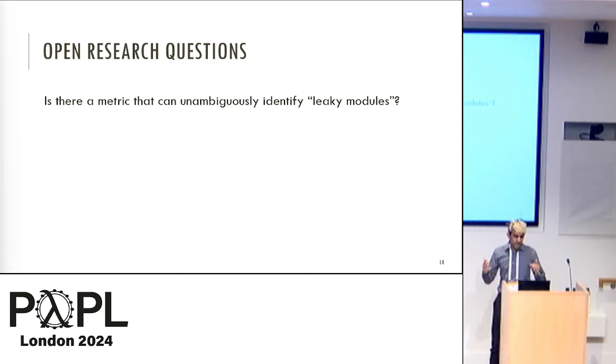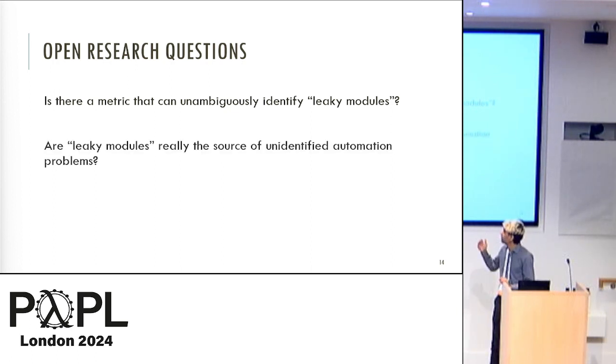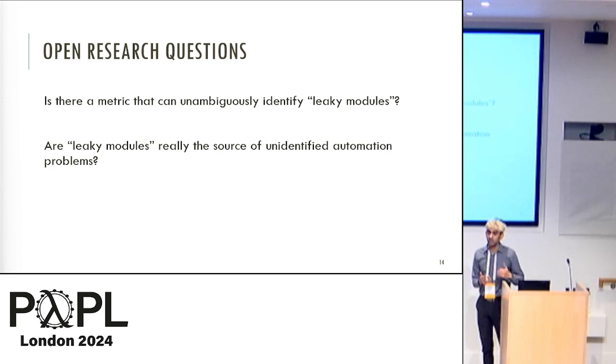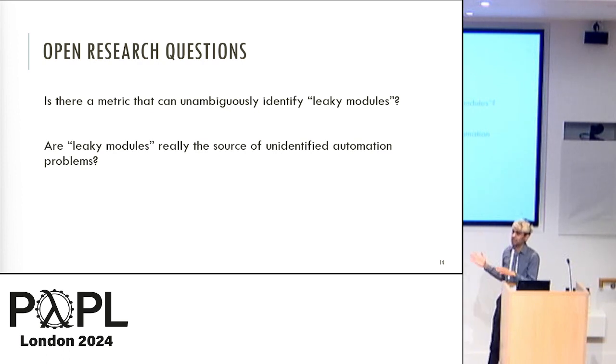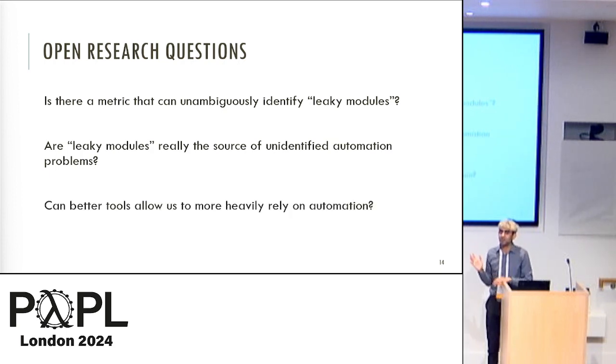And then popping back one level even above that is, we started with this assumption that leaky modules would be a good way to curtail automation, but perhaps that's not even really what's going on here. Maybe there's a different lens you can use to try and view this problem that can point out other things. And then one more pop-up, I started with this philosophical claim that maybe we should be pushing more towards automation and having tools go about it.